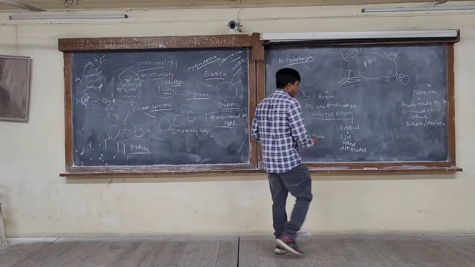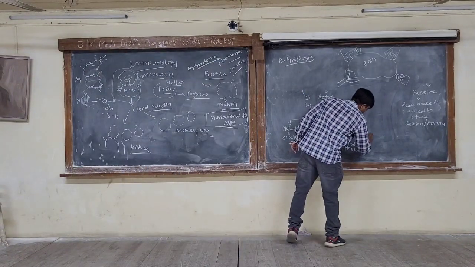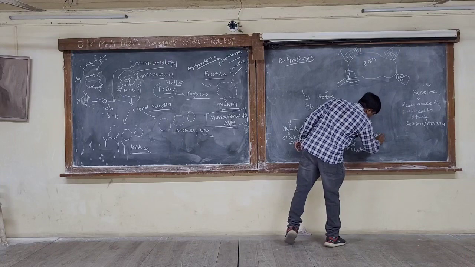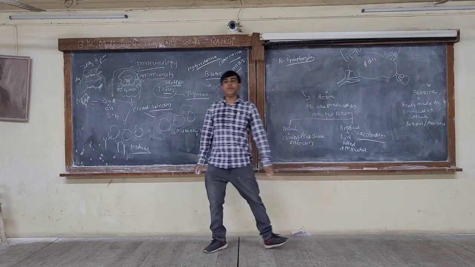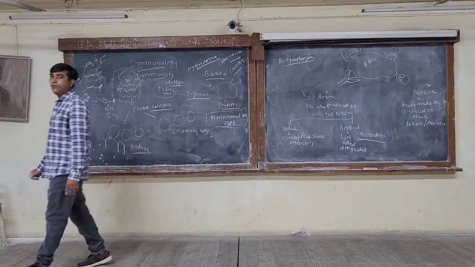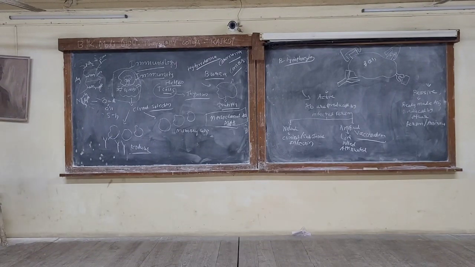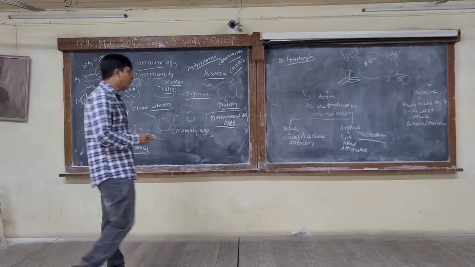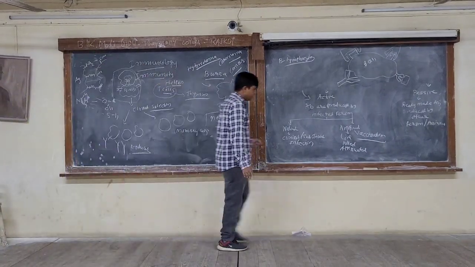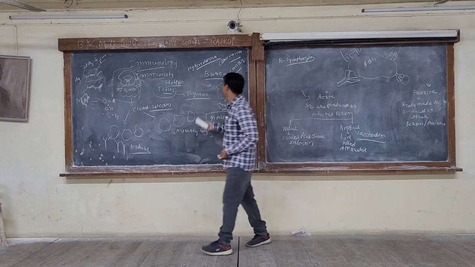So vaccination is for artificially triggered active immunity. We are triggering the active immunity artificially by injecting the antigen. Now, the vaccines are of different types.